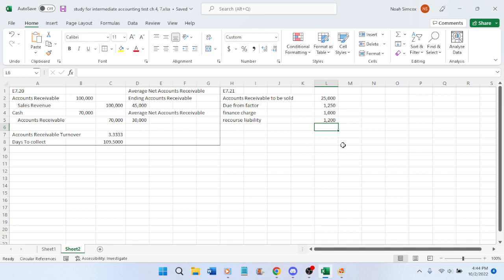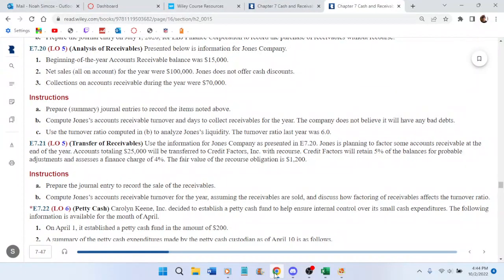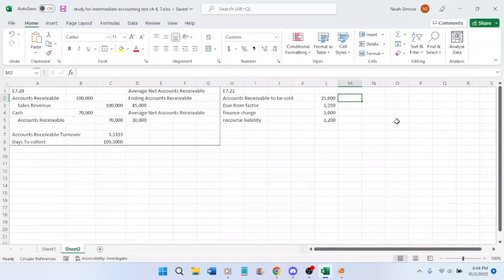So what will happen is their accounts receivable will decrease, but first of all, they will receive a cash payment for the receivables.